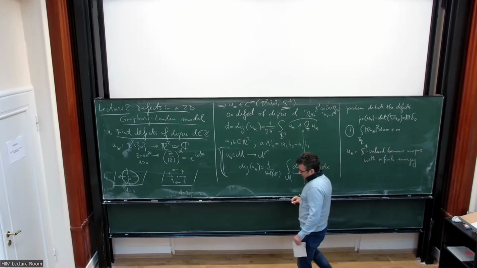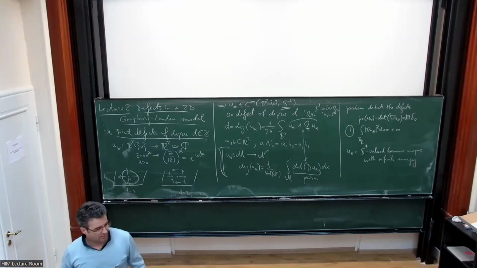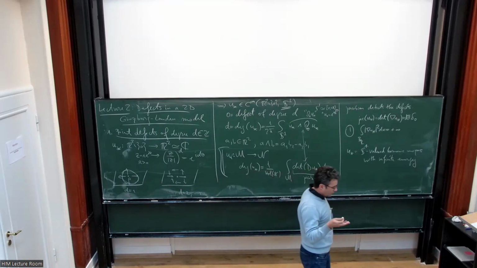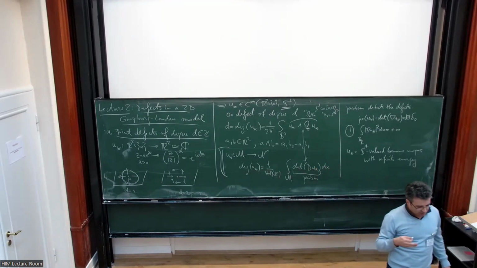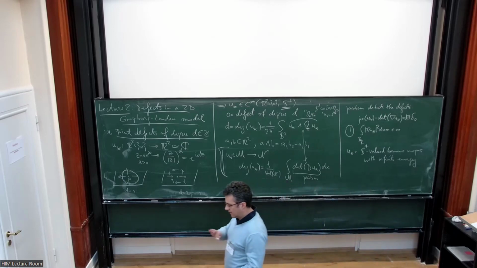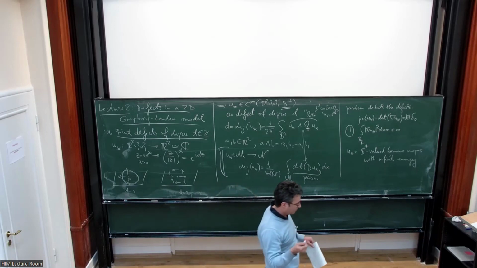When we speak about S1-valued harmonic maps, that's not Laplacian equals 0. You should imagine that you minimize, for example, your Dirichlet energy on the configuration space where these maps are with values in S1.